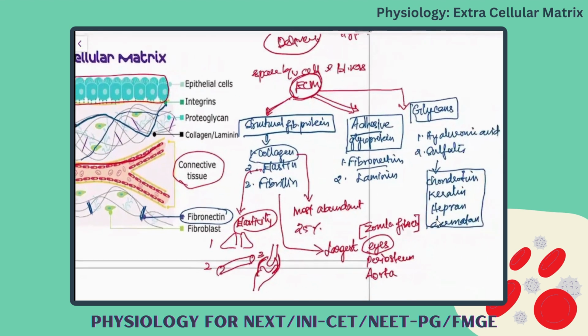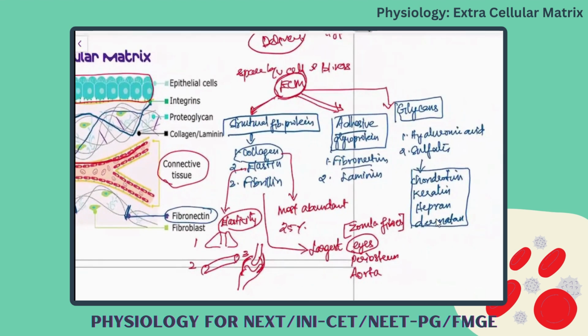And next, among the adhesive glycoproteins, the one majorly involved in the cell adhesion process is fibronectin. Among the adhesive proteins, fibronectin and laminin, the one mostly involved in cell adhesion is fibronectin.